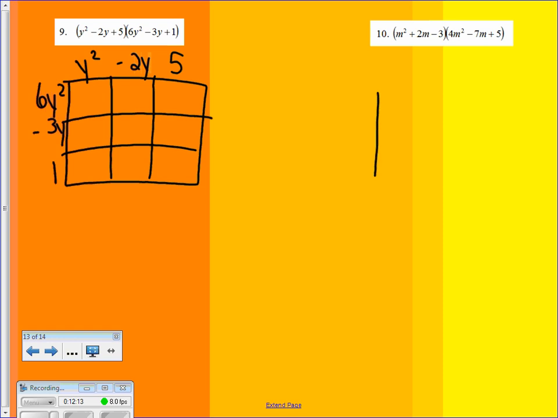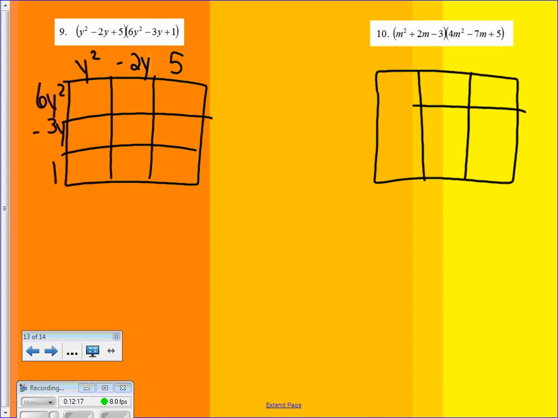Over here, same thing. I'm setting up a 3 by 3 box. M squared plus 2m minus 3, and 4m squared minus 7m plus 5. What I want you to do right now is just pick one of these. I've set up both of them for you. I want you to pick one and try it. See if you can get the right answer.